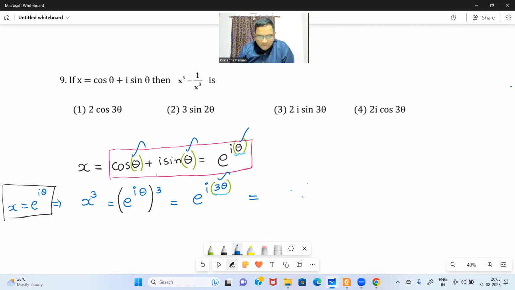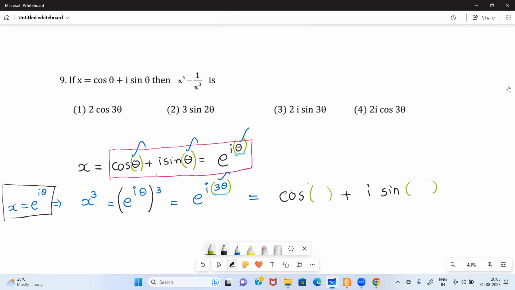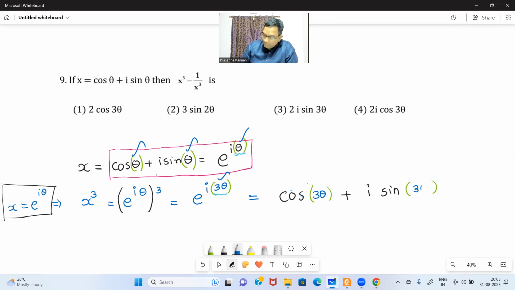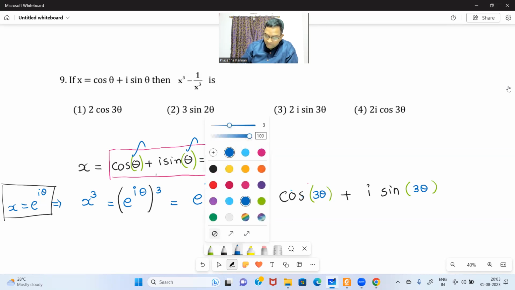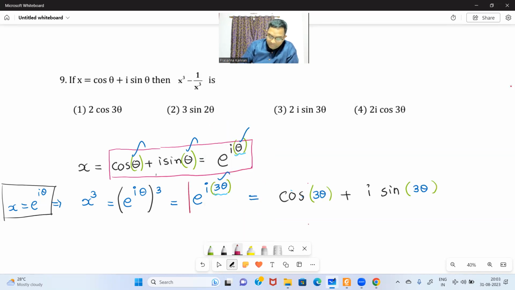If I have 3 theta here, what should I substitute? 3 theta. Right. That's what I'm asking. Good, Hemant. So e power i 3 theta is cos 3 theta plus i sin 3 theta, which is nothing but what?